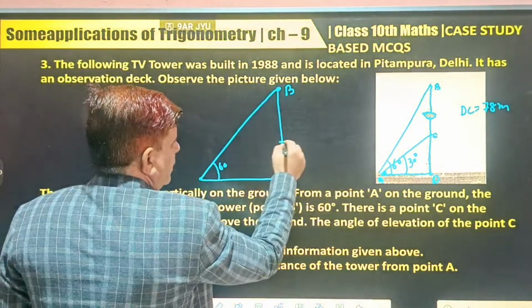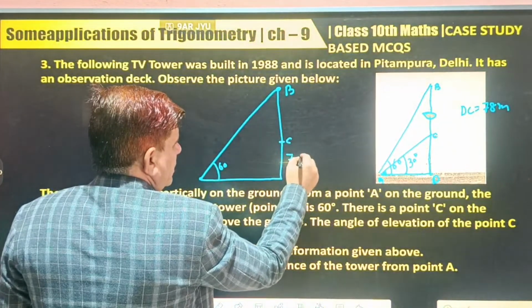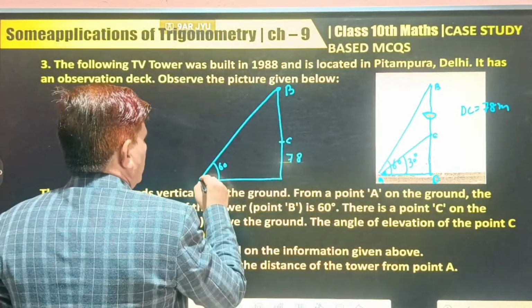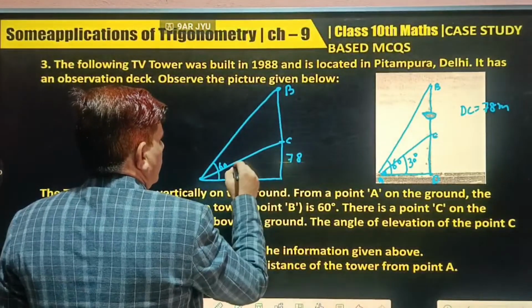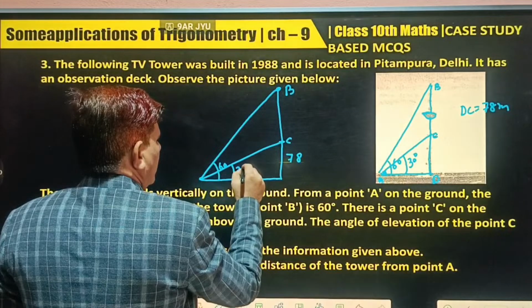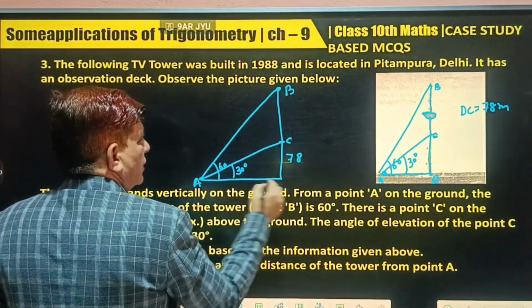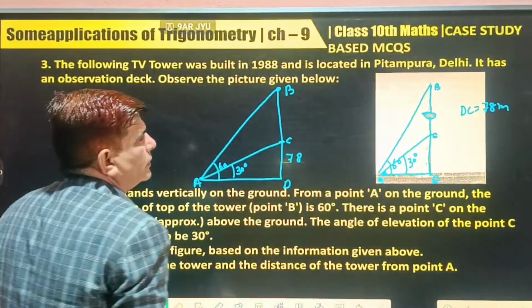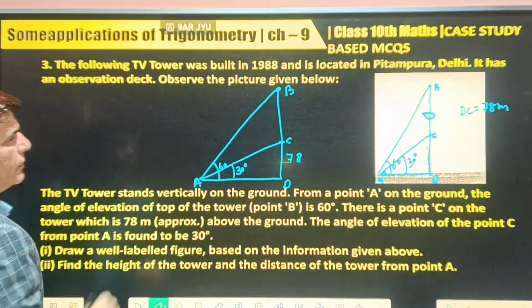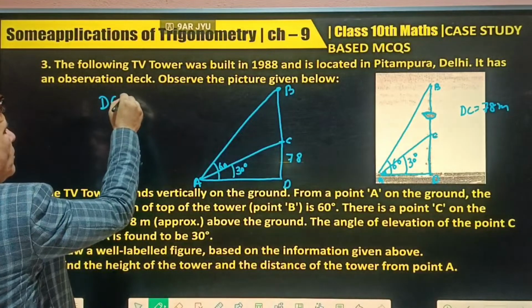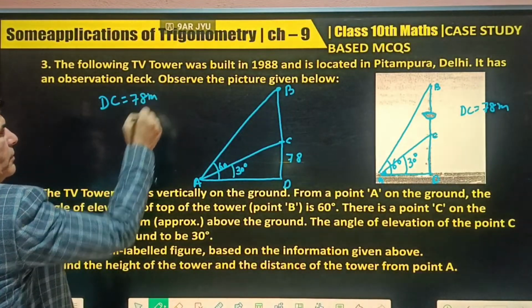And there is a point C that is 78 meters above the ground, and the angle of elevation is 30 degrees. So DC equals 78 meters.